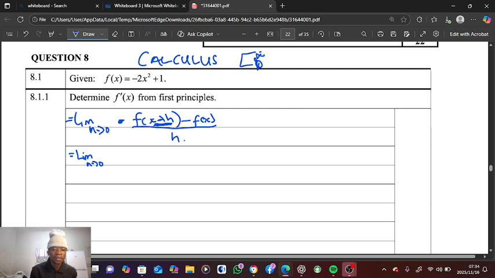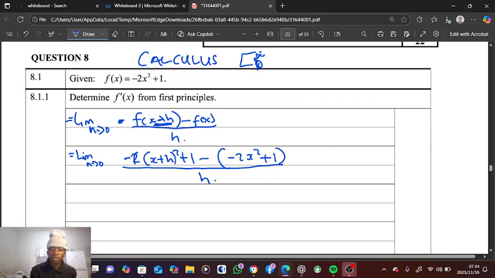This is the same as the limit as h approaches 0 of f(x+h), which means wherever we see x, we have x+h. So it's -2(x+h)² + 1 minus f(x), which is -2x² + 1, all divided by h.